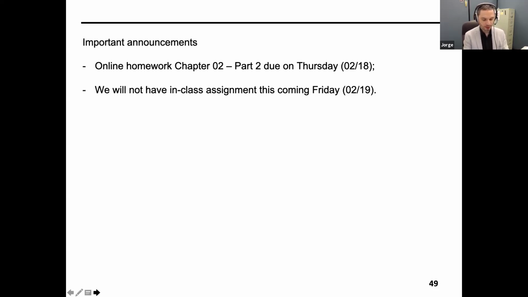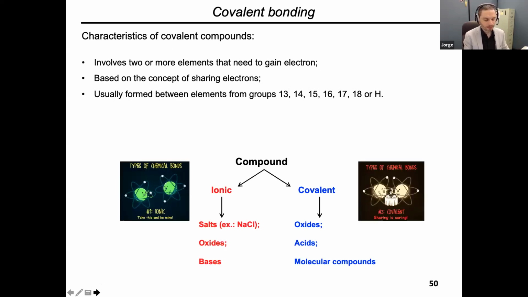All right, with that being said, let's move on. So we are talking here now about covalent bonding and thus covalent compounds. In covalent compounds, there is involvement of two or more elements that need to gain electrons.